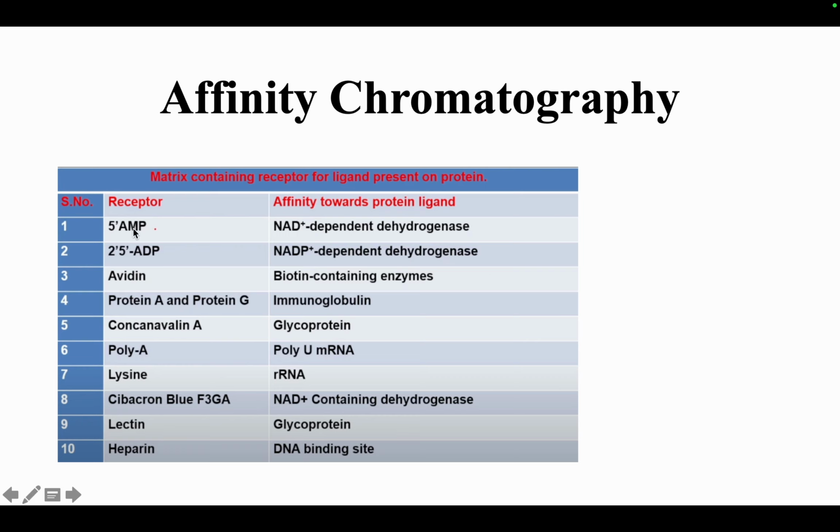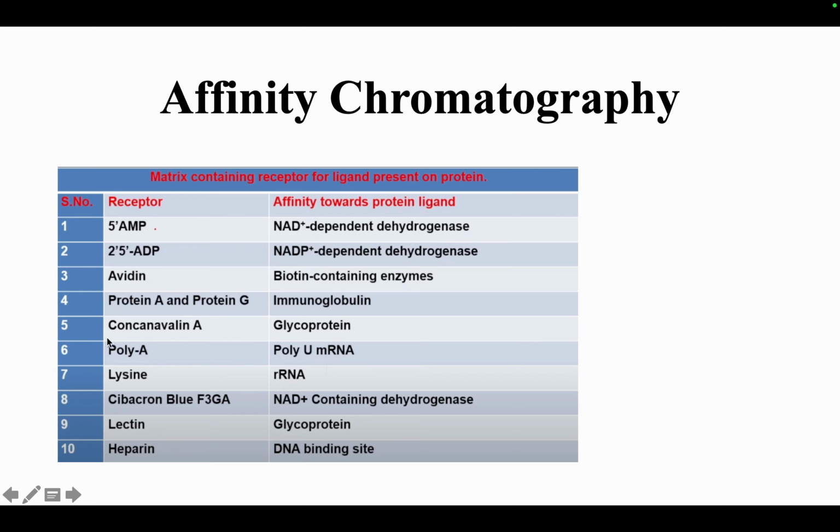So these are the different receptors, and they have affinity for proteins. So we have 5-AMP receptor, which has affinity for the enzyme NAD plus dehydrogenase. Then we have the very popular avidin and biotin containing enzyme. Poly A will bind to poly U mRNA.